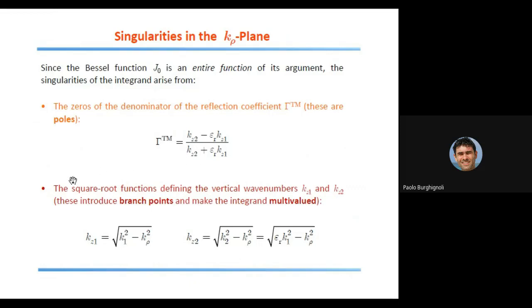But we also have square root functions, because the vertical wave numbers, kz1 and kz2, in the two media are defined by square roots through the separation condition, and those square roots are multi-valued functions, in particular two-valued functions. So these square roots introduce branch points, and the integrand is multi-valued.